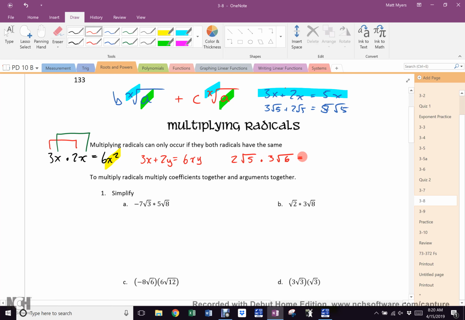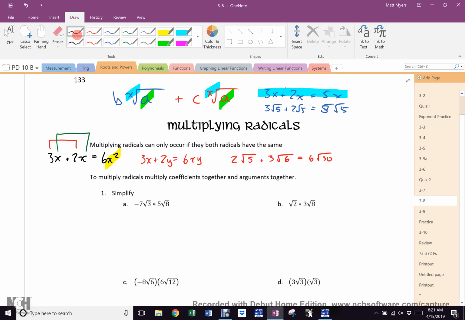Logically. 6 root 30. Logically. Because these are the same base, are they not? Because they're both the square root. Everybody cool? Now, of course, we would simplify if we could, but that's not what's important right now. What's important right now is understanding this.